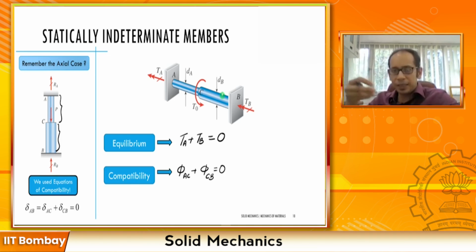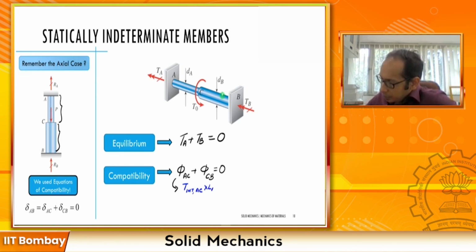Now, if you write it a few steps further, what do you get? You get phi of AC is nothing but T internal AC times length of AC divided by J of AC times G, assuming the material is the same throughout, right?